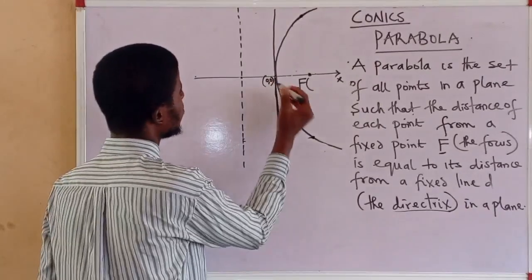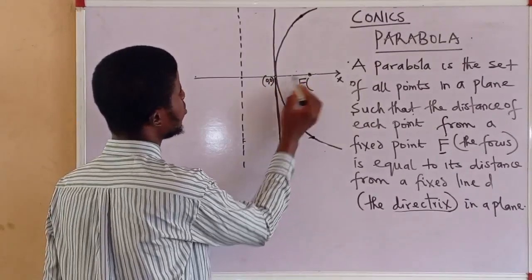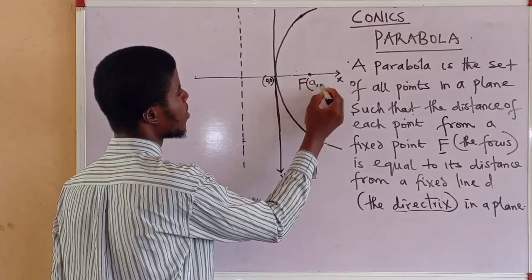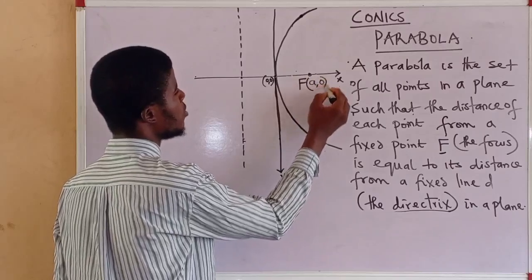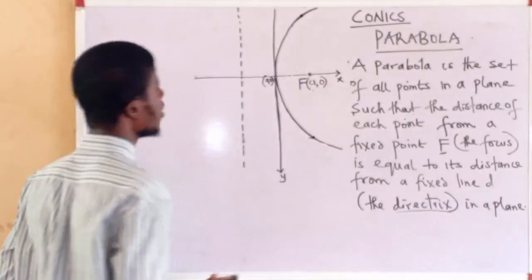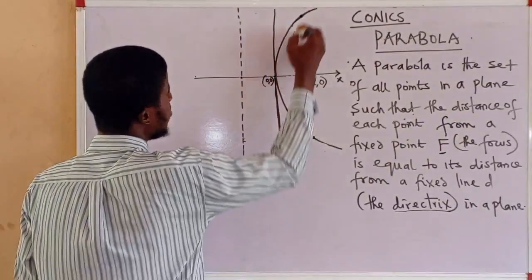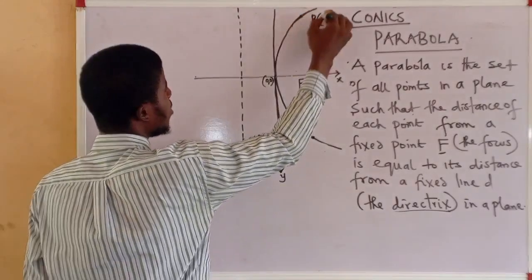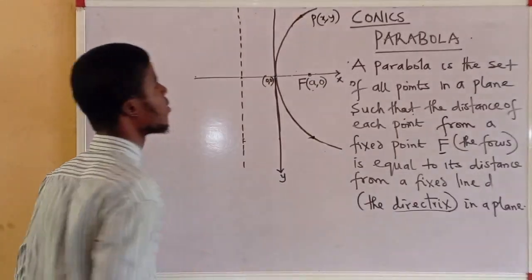So from the origin to this point of the focus is a units. For y, it is 0 units. So let this be the coordinates of the focus. Now, let us fix a variable point on the parabola. Let's call this point P, x, y.